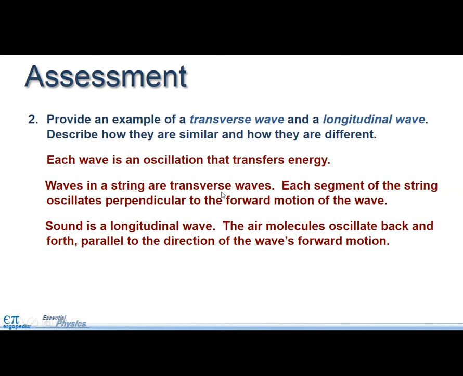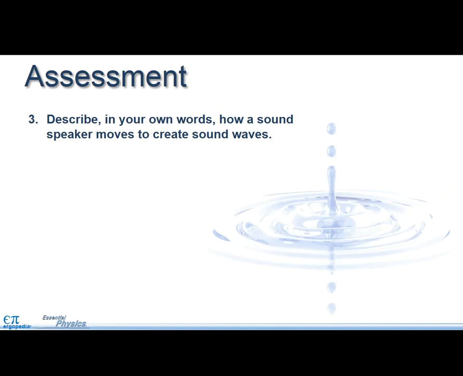So that's our idea that we're shaking this string up and down, but the wave is moving left to right. On the other hand, sound is a longitudinal wave. The air molecules are moving back and forth, parallel to the direction of the wave's forward motion. And if you can remember from the earlier animation, the molecules themselves are just moving back and forth, but they're not actually moving with the wave.